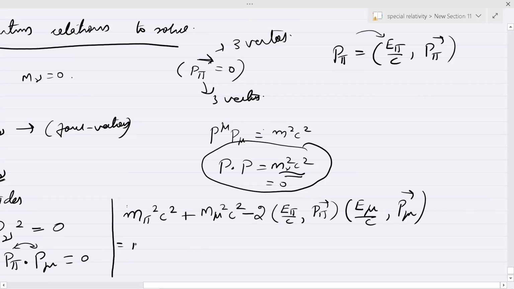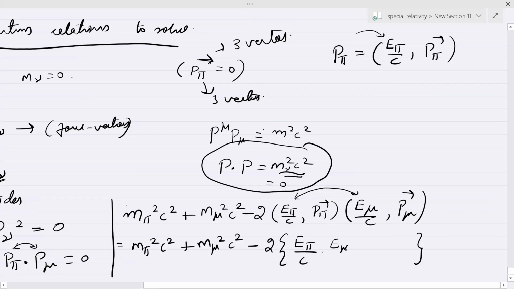So this again is equal to m pi square c square plus m mu square c square minus 2. Now you need to take the scalar product. How do we take the scalar product of 2 4 vectors? You have to be careful. It's the 0th component, e pi by c multiplied by e mu by c, minus p pi vector dot p mu vector.